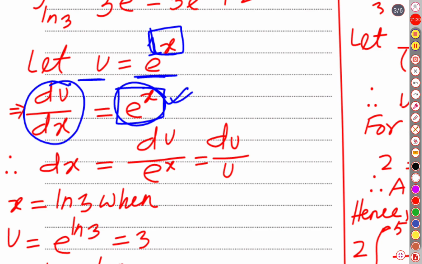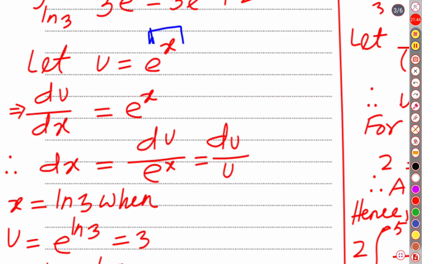Then we are actually trying to find dx. In the u substitution method we should not ignore dx. So dx is equal to, if we do cross multiplication, dx will replace e raised to x, and e raised to x will come over here.